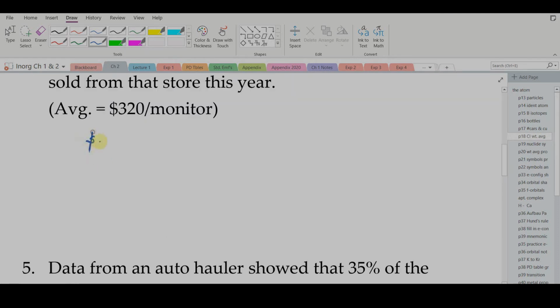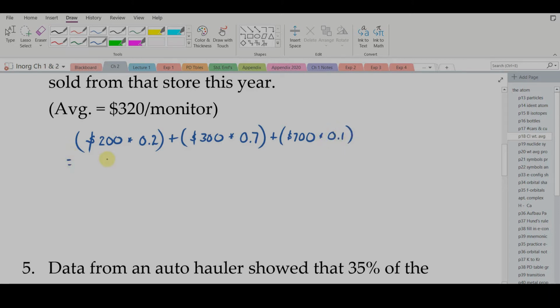So it had a $200 monitor, and that was 20% of the monitors sold. Then we had this $300 monitor. Most of the people bought that, 0.7, or 70% of the people. And then we had this $700 monitor, and only 10% purchased that one.